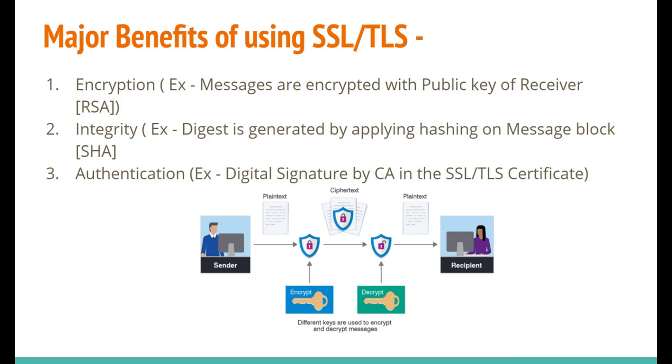The second one is integrity. What is integrity? This basically confirms whether the message was altered during the transmission or not. As part of integrity we will use hashing and we will prepare the digest. Those things we will see. The third one is authentication. Authentication confirms the identity of the sender and receiver. These are the major benefits of using SSL or TLS.